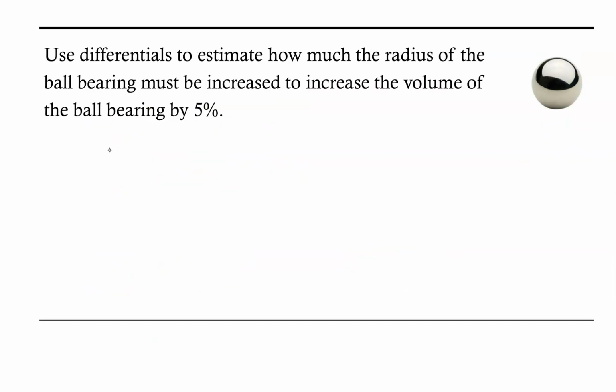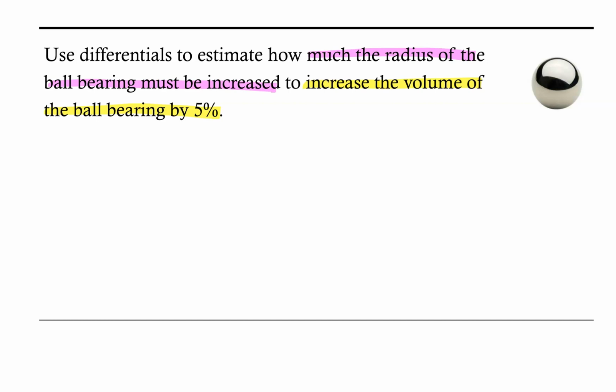And now what we want to do is use differentials to estimate how much the radius of the ball bearing must be increased to increase the volume of the ball bearing by 5%. So we want to increase the volume of the ball bearing by 5%, and we're going to do that through increasing the radius of the ball bearing.